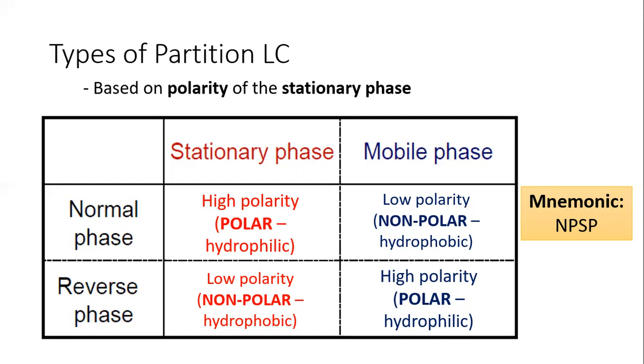Okay? So for you to easily remember which stationary phase is used for a normal phase LC, you could use the following mnemonic. So NPSP. A normal phase chromatography has a stationary phase which is polar.